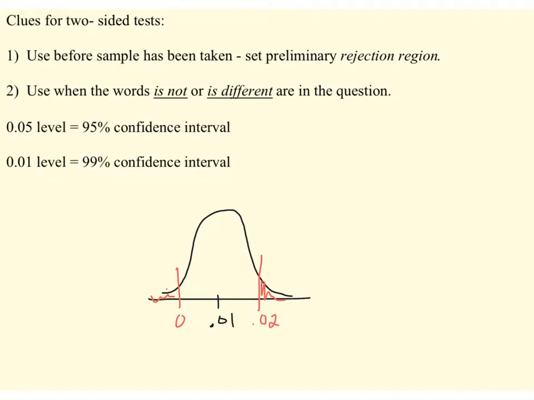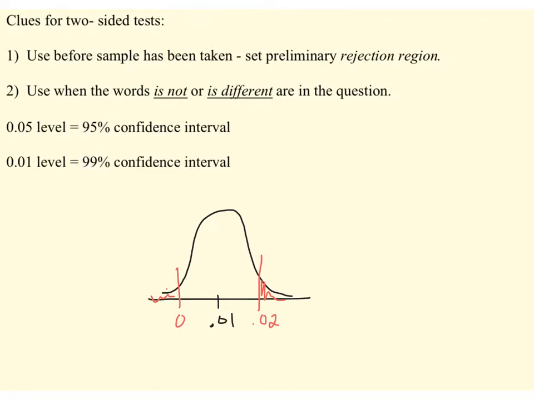Often, this is a little confusing because 95, of course, would cut off 2.5 on either side. And, of course, in a one-sided test, we do 0.05. Really, it comes down to the fact that the 0.05 level, in terms of a two-sided test, means we want to capture 95% of sample proportions or means, or in this case, 99.